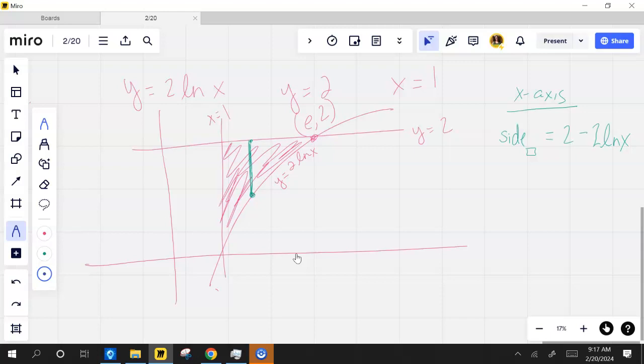So now how do you find the area of that square? Well, the area of the square first would be that squared, right? So (2 minus 2 log x) squared. You would have to FOIL on this one so that you can integrate easier.